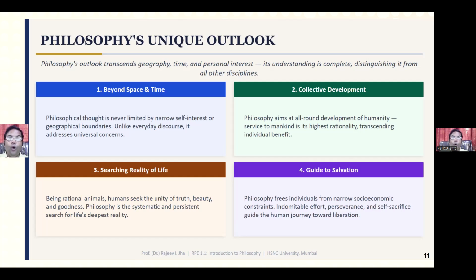What unifies all 4 orientations is that philosophical thinking always situates the local, the particular fact, the specific case, the individual experience within a universal frame of reference. This is precisely what distinguishes a researcher from a technician.